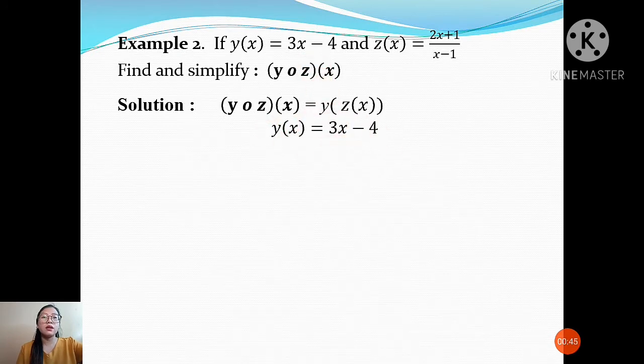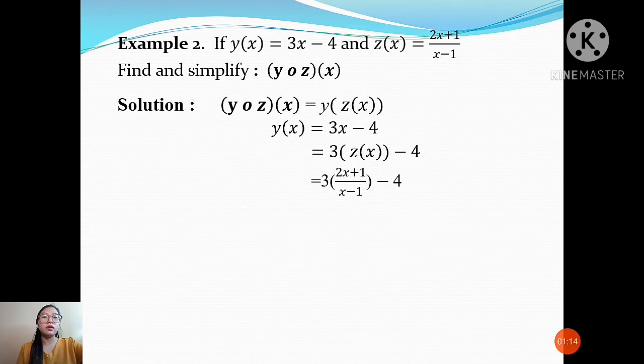Then next, we plug in the input function, which is z(x). So it will become 3 times z(x) minus 4. Now we substitute the given function for z(x), so it becomes 3 times the quantity (2x + 1)/(x - 1), minus 4.